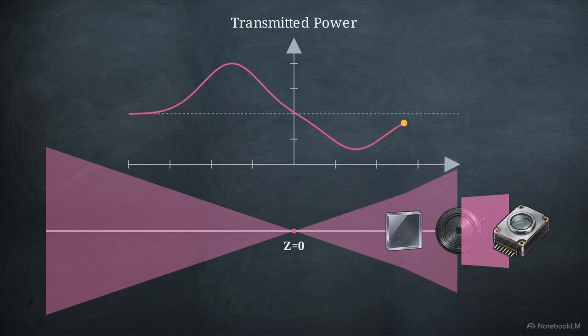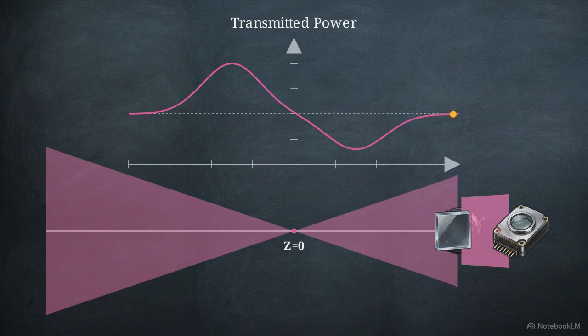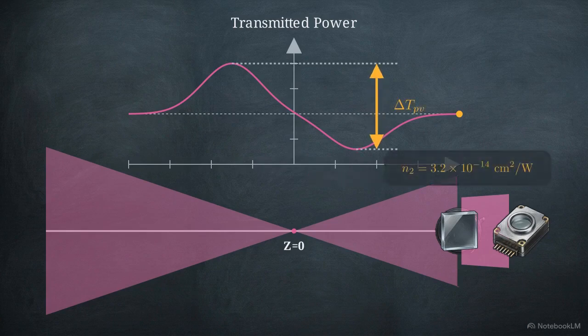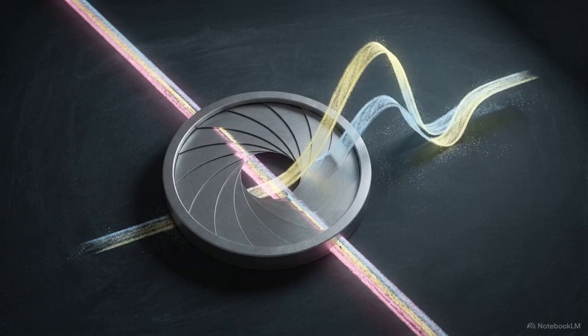Blocked by the iris, the detector registers a severe drop, a sharp valley in transmitted power, before returning to baseline. To extract the nonlinear index, N2, engineers calculate the absolute amplitude difference between this measured peak and valley. The closed aperture setup exploits physical beam clipping, translating pure phase modulation directly into a quantifiable power curve.